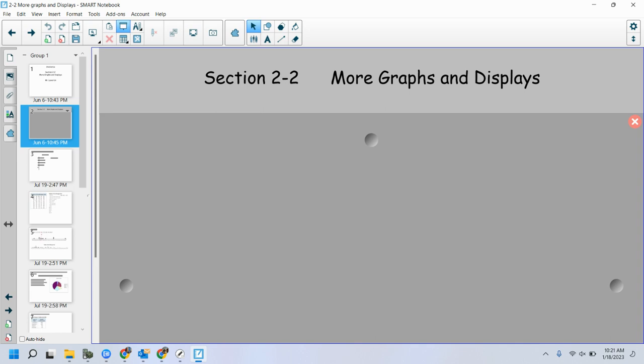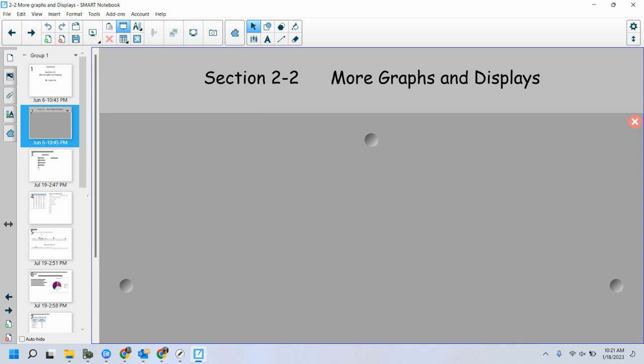So while a frequency table is useful, a histogram is useful, an ogive is useful, it's really just useful for seeing trends within the data. You can't actually see specific pieces of data. So that's what we're going to talk a little bit more about today.